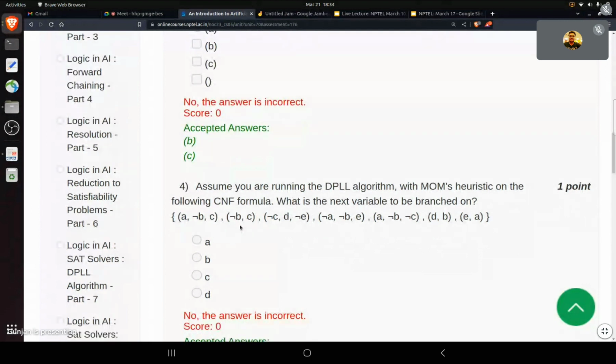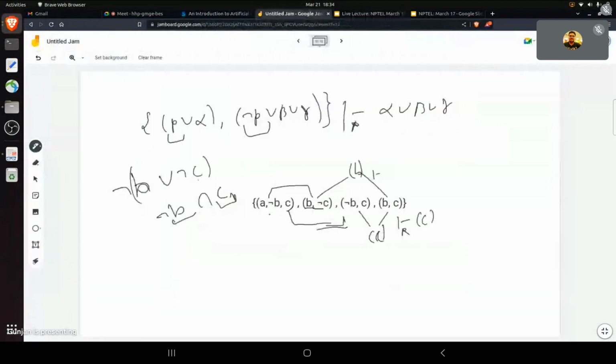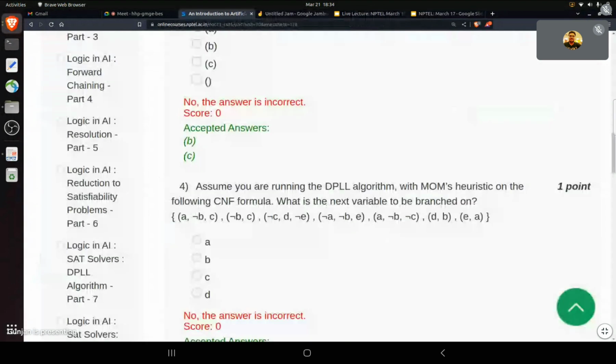What is the length of the minimum length clause? Two. So what are the clauses of length 2? They are not B C, D B and E A. These are the three minimum length clauses.